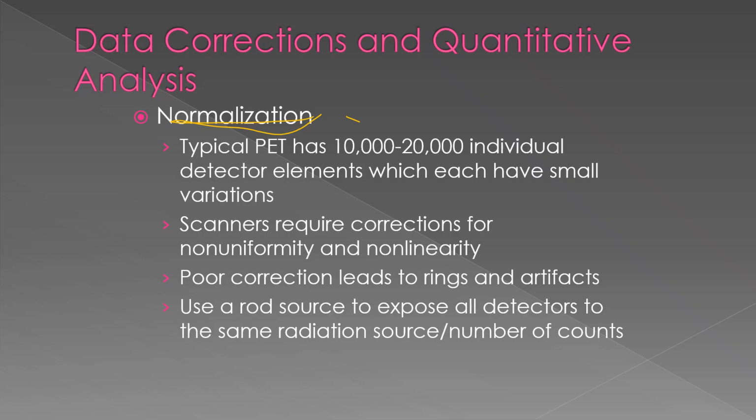A lot of times when you're doing this, you're applying corrections and making sure that the corrections that were applied are still good. Any kind of poor correction is going to lead to rings on the images and artifacts. We can use a rod source to expose all the detectors to the same radiation source or the same number of counts.